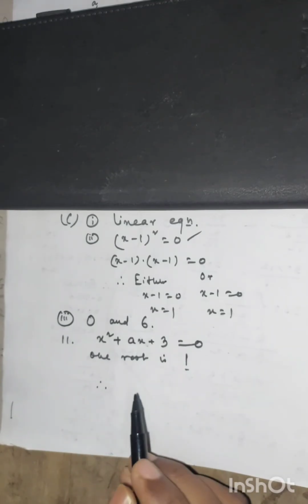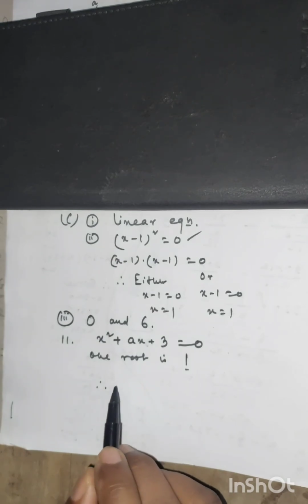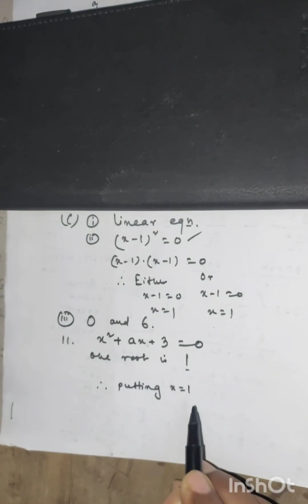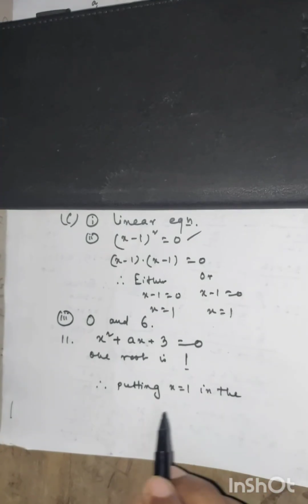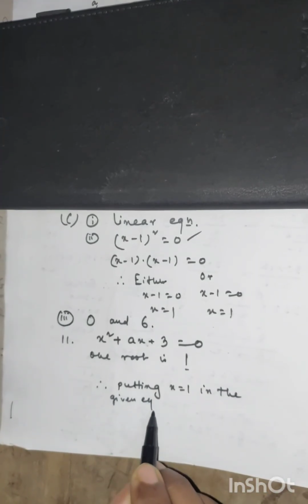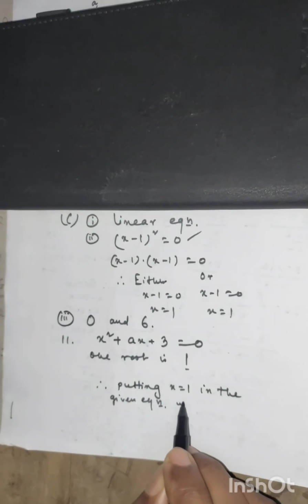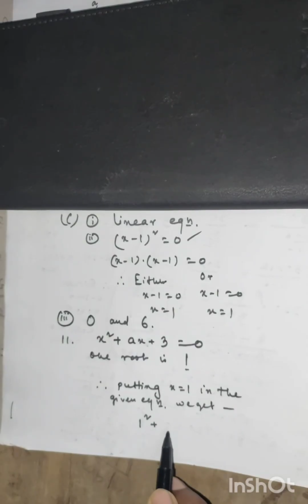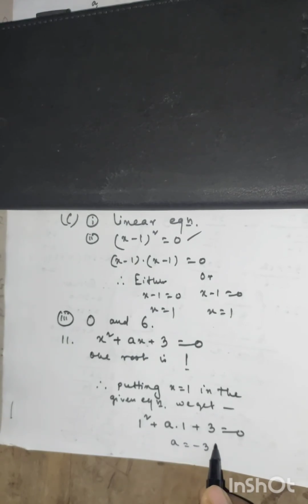Therefore, putting x equal to 1 in the given equation, we get, therefore the value of a is -3.